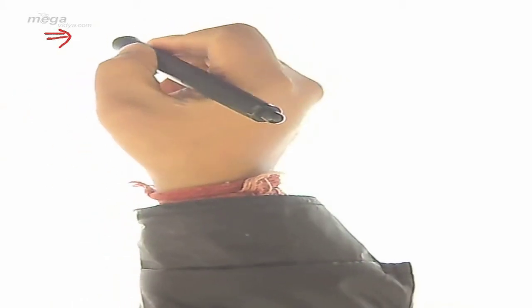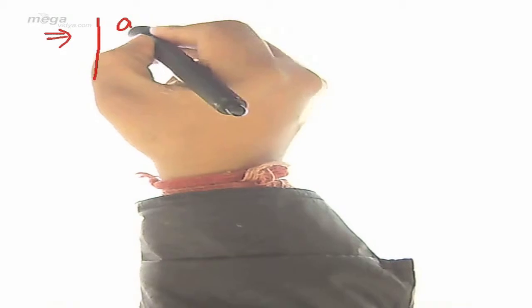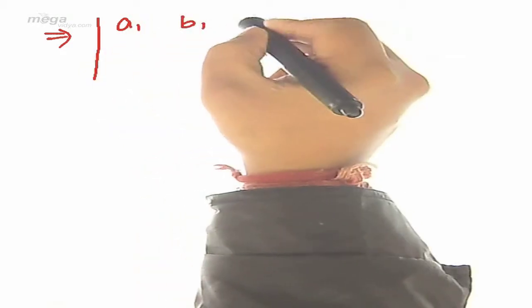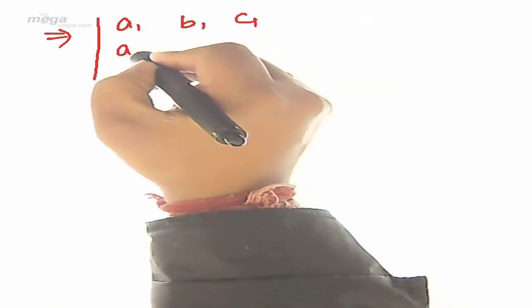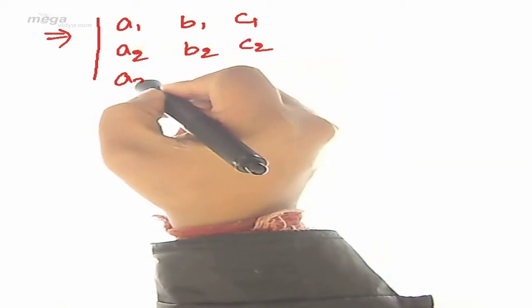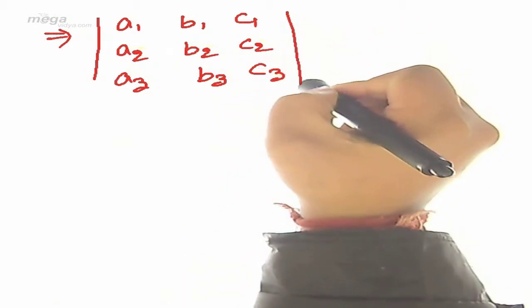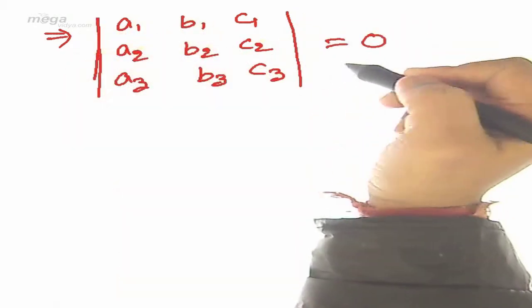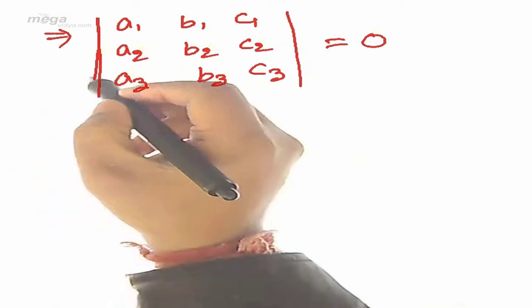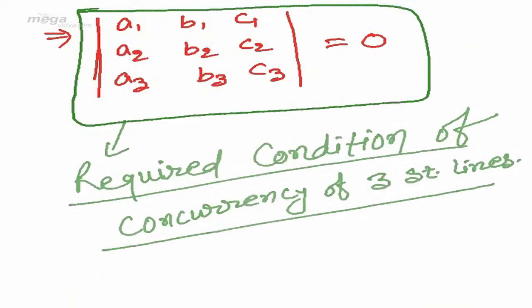If you write this equation in the form of a determinant, we can write it like this: a1 b1 c1, a2 b2 c2, and a3 b3 c3. The determinant of this is equal to 0. So this is the required condition of concurrency of three straight lines.